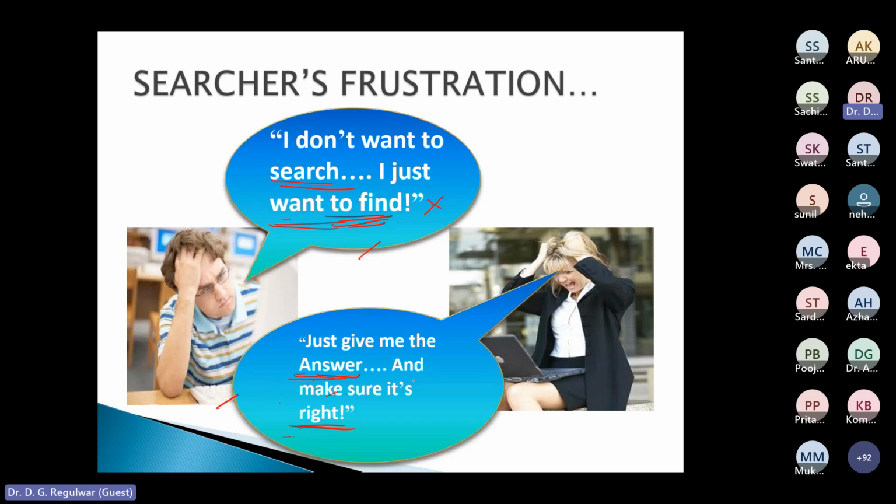So sometimes we may not get the solution correctly also. But what is the expectation? Just give me the answer and make sure that it's right. These are all frustrations of a research scholar. So please don't take it to your mind.